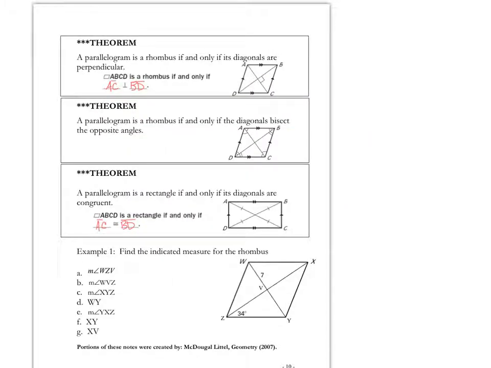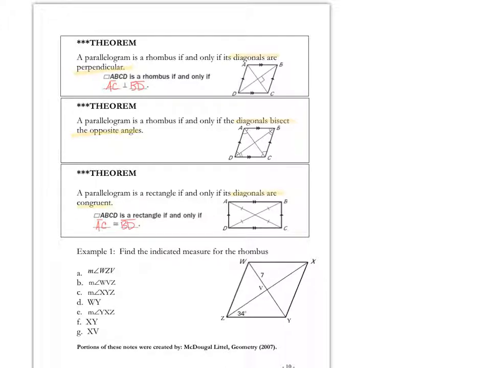And then we have a few more theorems, and I know there's a lot in this unit. So a rhombus has diagonals are perpendicular. We have a rhombus has diagonals bisect opposite angles. And then a rectangle is diagonals are congruent.